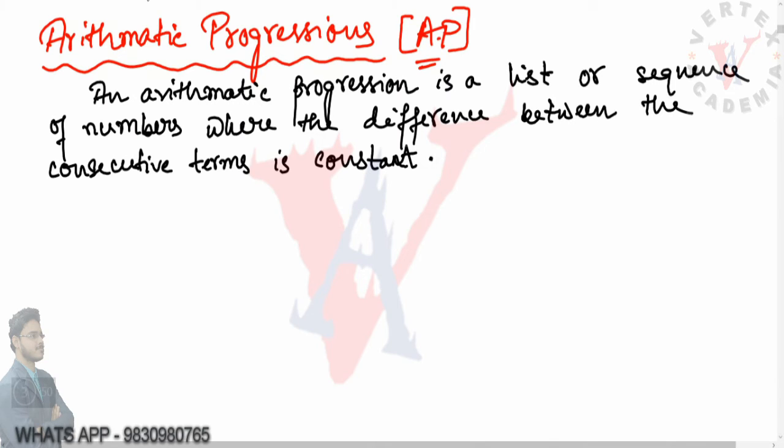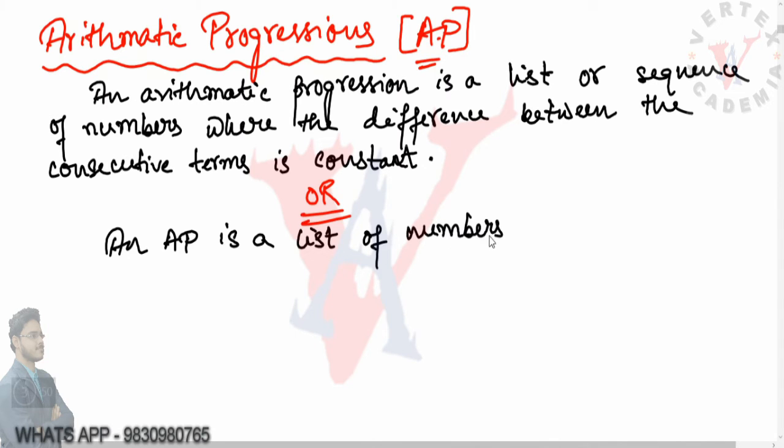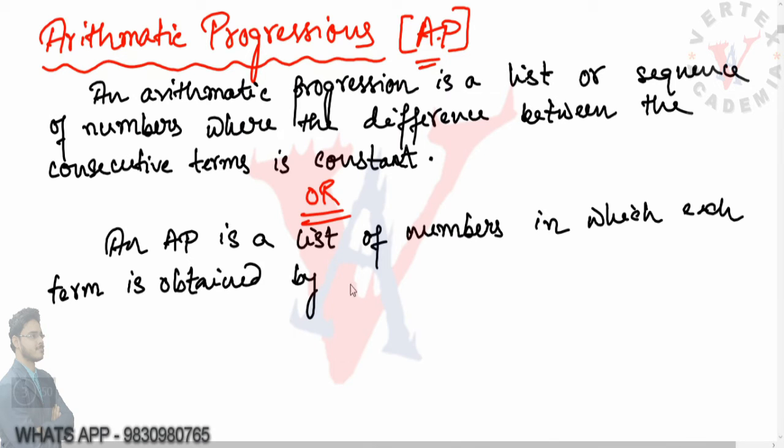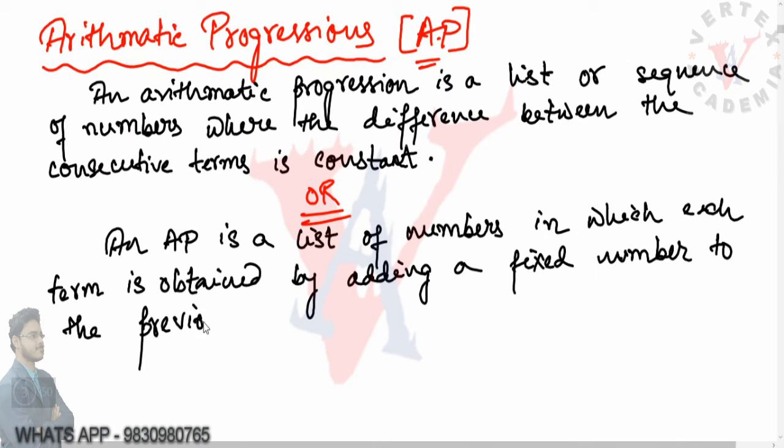You will get this thing. Let me write it in another way, then I will discuss it with you. An AP is a list of numbers in which each term is obtained by adding a fixed number to the previous number, except the first term.